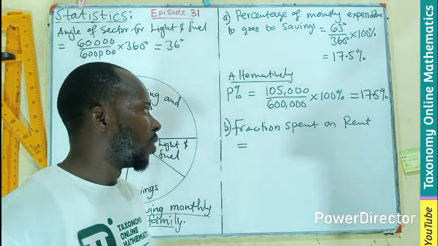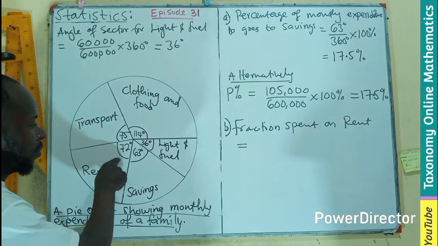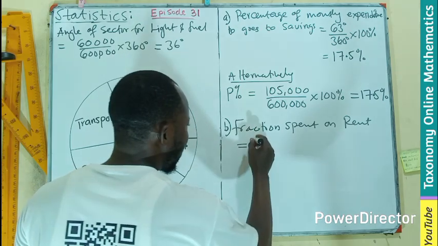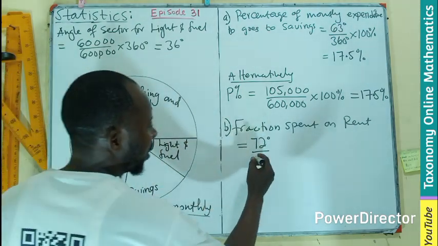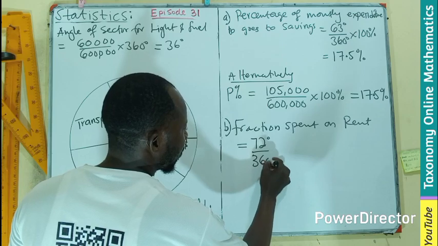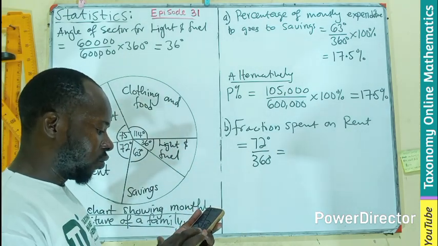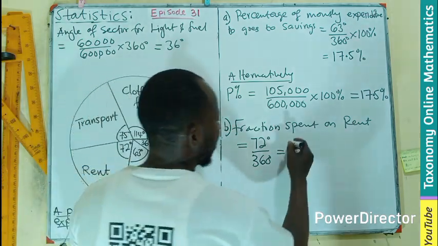So here I can compare the rent in terms of degrees, which is going to be 72 degrees divided by the total degrees as a comparison. And if we divide that to get the simplest form, that will give you 1 out of what? 5.